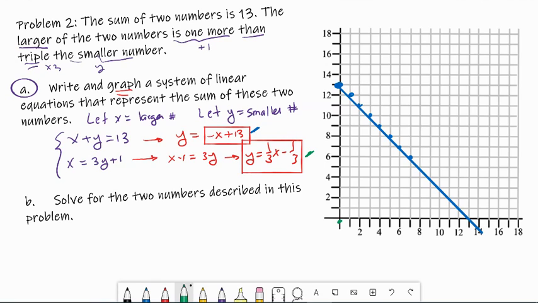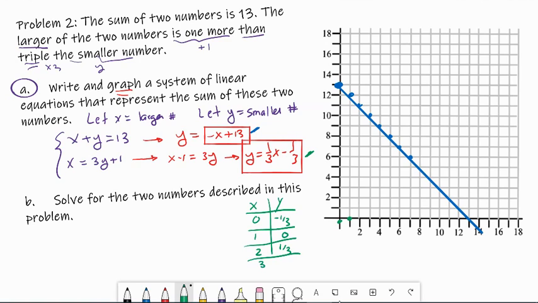And if I plug in 1 for x, 1/3 times 1 minus 1/3 is 0. And if I plug in 2 for x, so we're going to make a table of values to help us with this one, we have 2/3 minus 1/3, so that gives us 1/3.